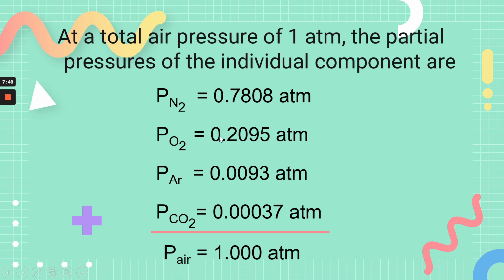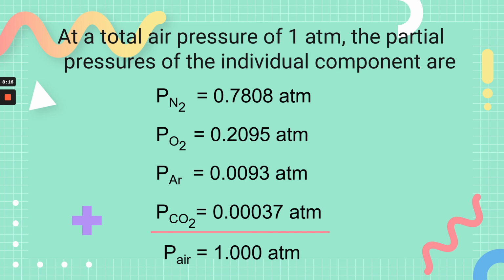For oxygen, it is 0.2095 atm. For argon, it is 0.0093 atm. And for carbon dioxide, it is 0.00037 atm. You can see here, after we add all of these, it is equal to 1 atm for P total.